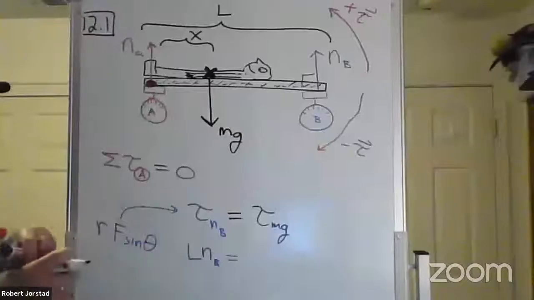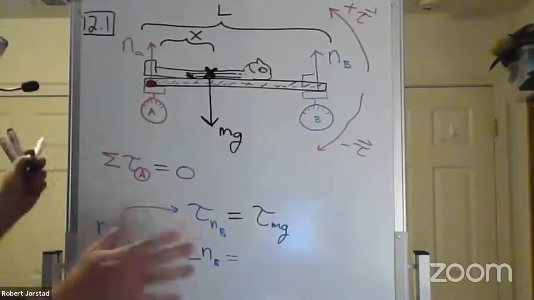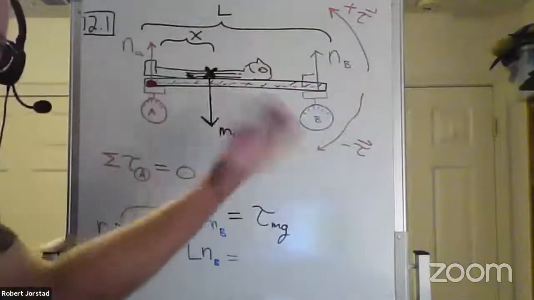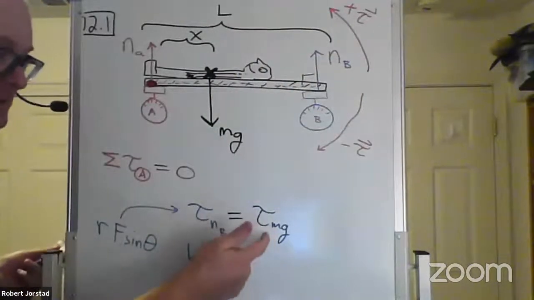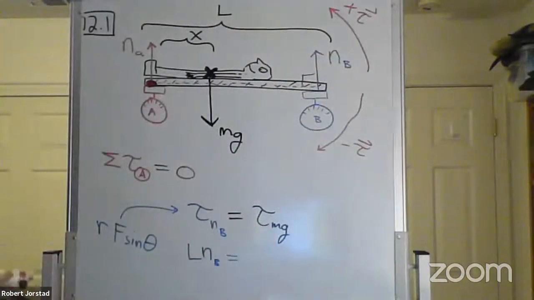Good. Somebody else. What would be the torque due to mg? Remember, we've already handled all this stupid coordinate crap and plus and minus. All I need is the magnitude of it. What's that going to be? Somebody other than Jesse.